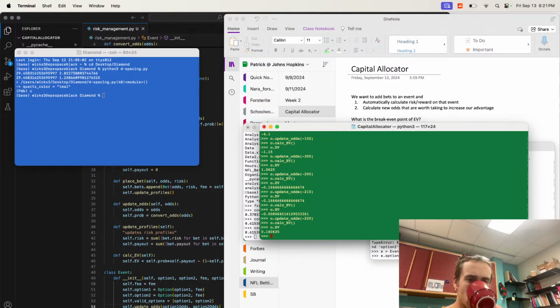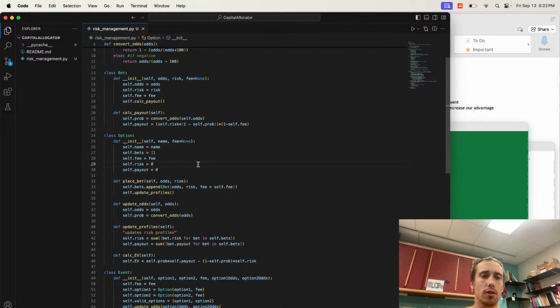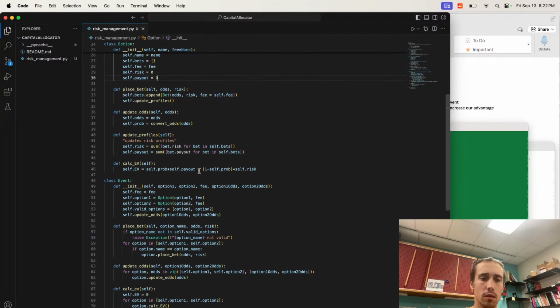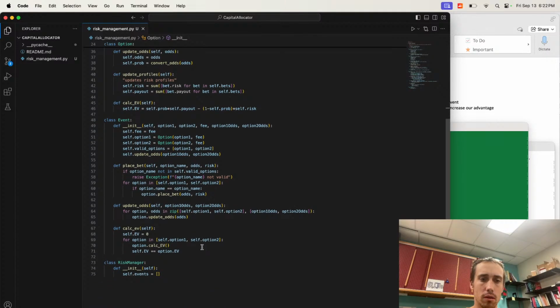So the expected value doesn't go positive. So really, we want to get the difference between the EVs.